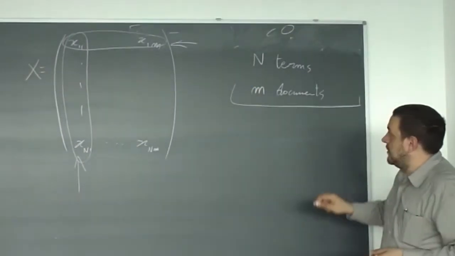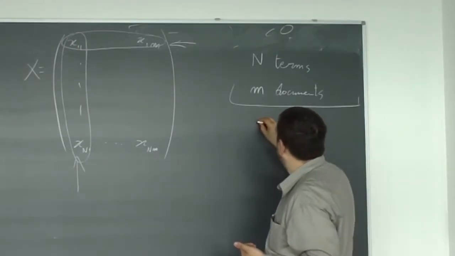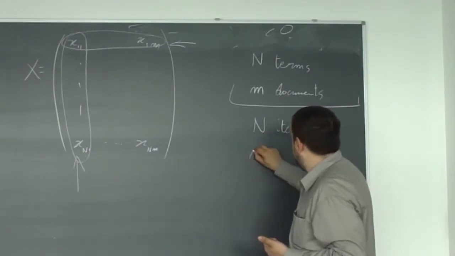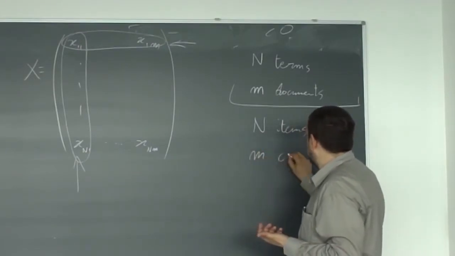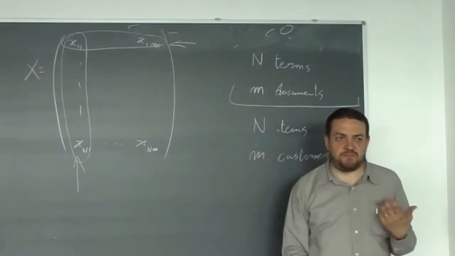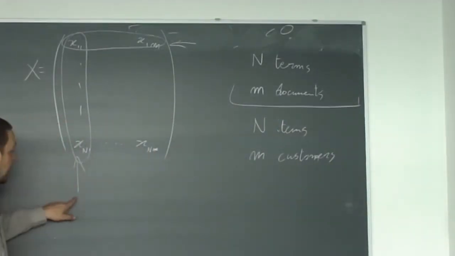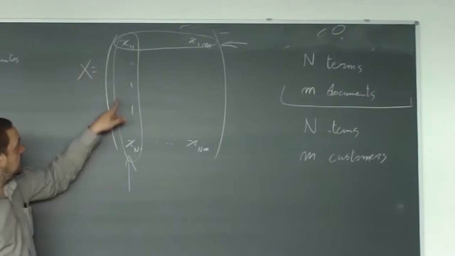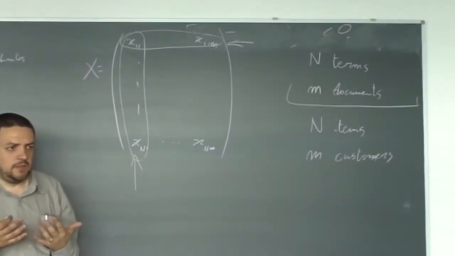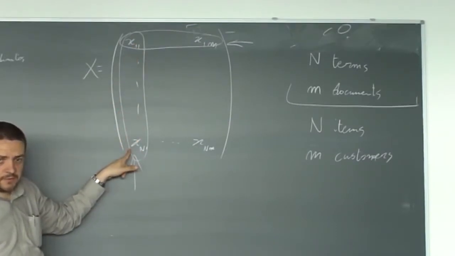The other example, much similar to this, is the one where we have n items, m customers, and this is a ratings matrix. Again, a customer is identified by a column, which is a series of its features, which are in this case how he rated the different products.